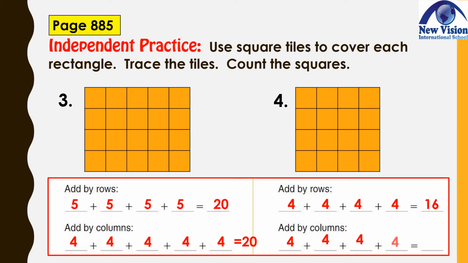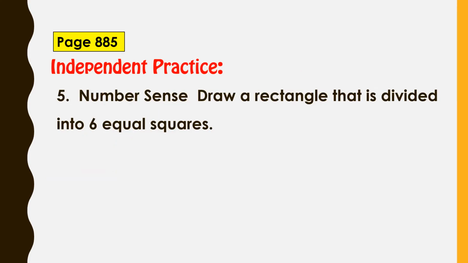So we have 4 plus 4 plus 4 plus 4, the answer is 16. We are still on page 885. Number 5. Draw a rectangle that is divided into 6 equal squares. So we have here a sample answer.